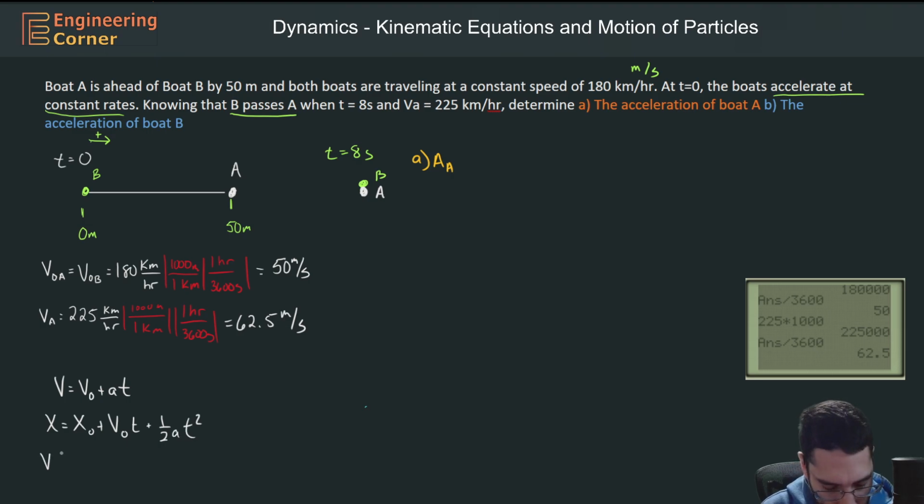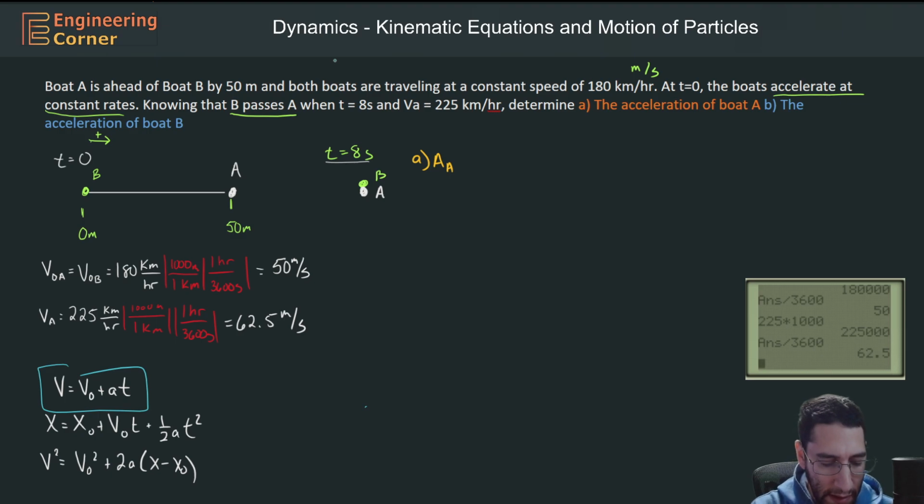And my velocity squared is equal to my initial velocity squared plus 2 times the acceleration times x minus my initial position. So if I'm looking at boat A, what do I know? I'm looking for its acceleration. I know its initial and its final velocities. And I know how long this takes. I know this takes 8 seconds. So I can use this equation right here to solve for the acceleration of boat A.